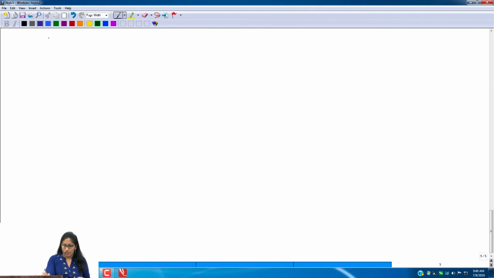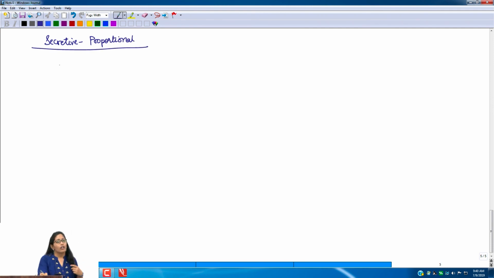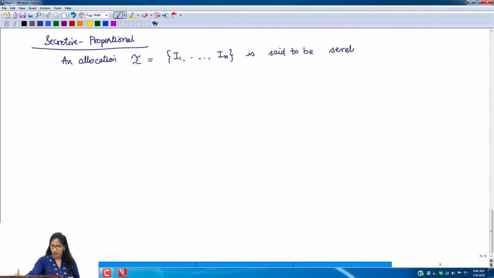Okay, can someone just tell me the definition of when an allocation would be secretive proportional? An allocation I, again we have n agents, is said to be secretive proportional. Can someone answer this question?